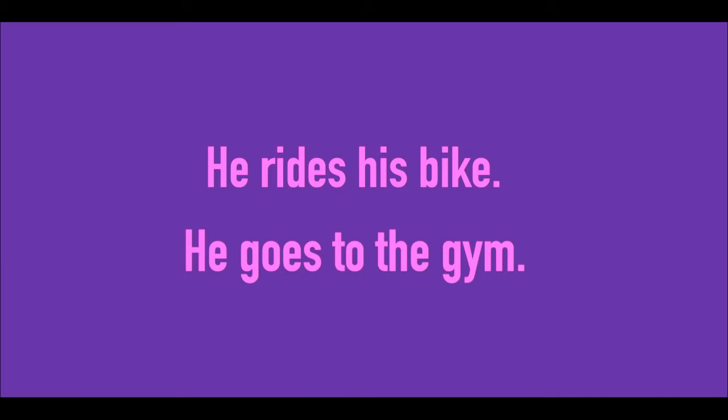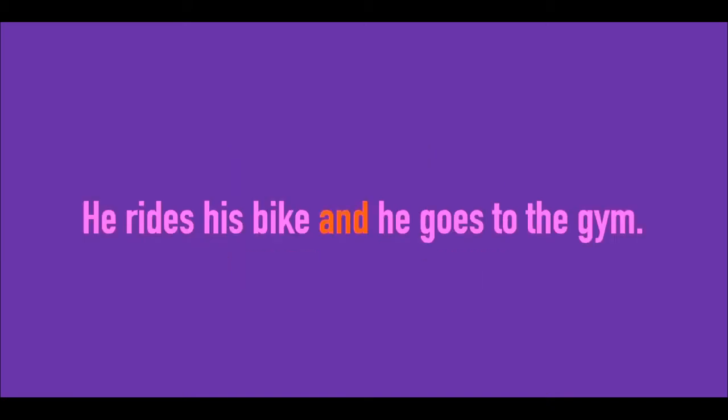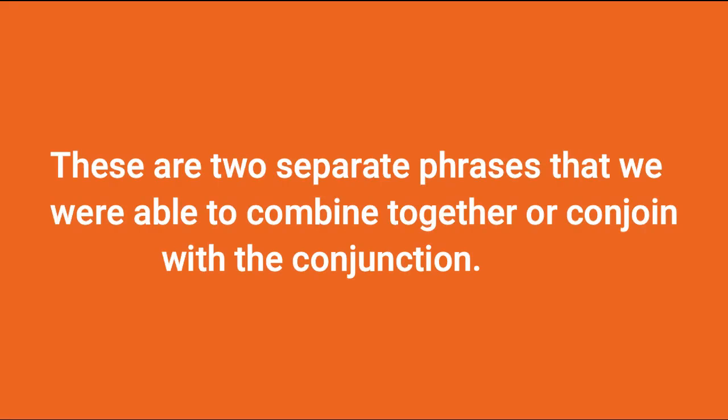For example, I could say, he rides his bike and he goes to the gym. When I use and, I have combined both sentences and I'm talking about the two actions that this person does. These are two separate phrases that we were able to combine together, or conjoin, with the conjunction.